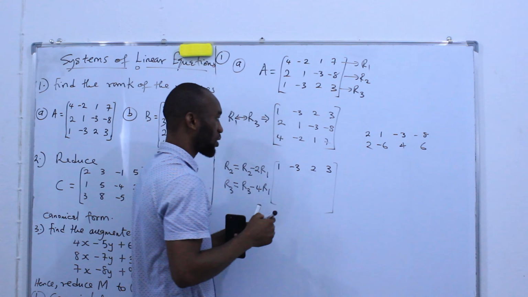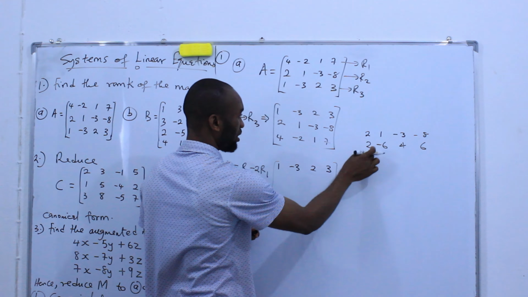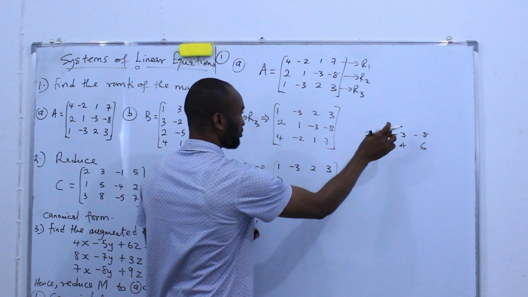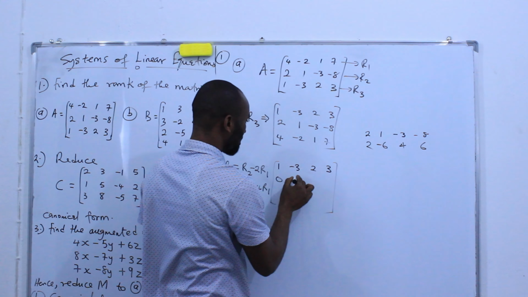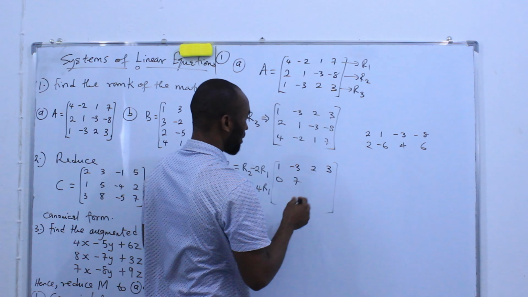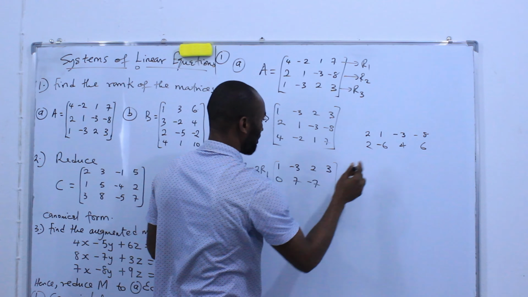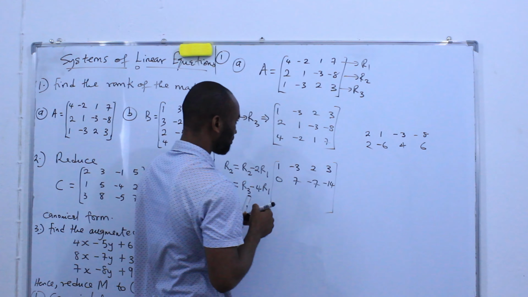So we are subtracting these two. This minus this is 0. 1 minus minus 6 is 7. Minus 3 minus 4 is minus 7. Minus 8 minus 6 is minus 14.